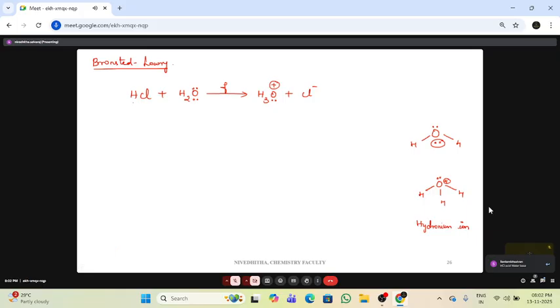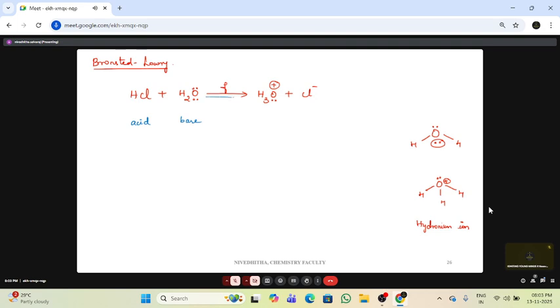Yes. So HCl is losing its H plus, right? So HCl is called an acid. And water is accepting H plus from HCl, so it is called a base. So this is the proton donor and this is the proton acceptor.